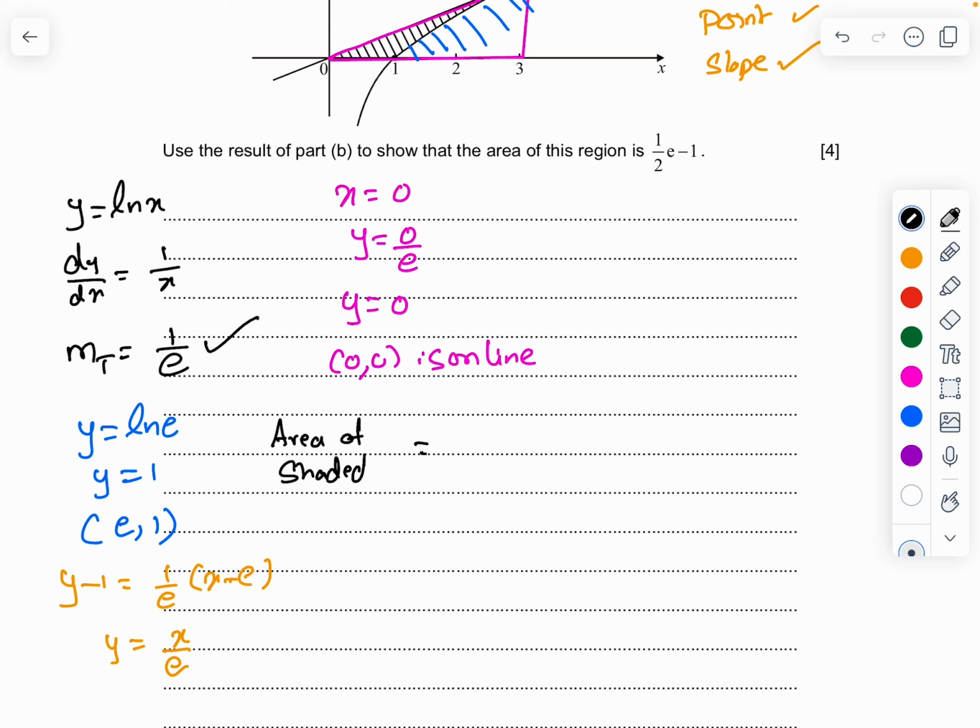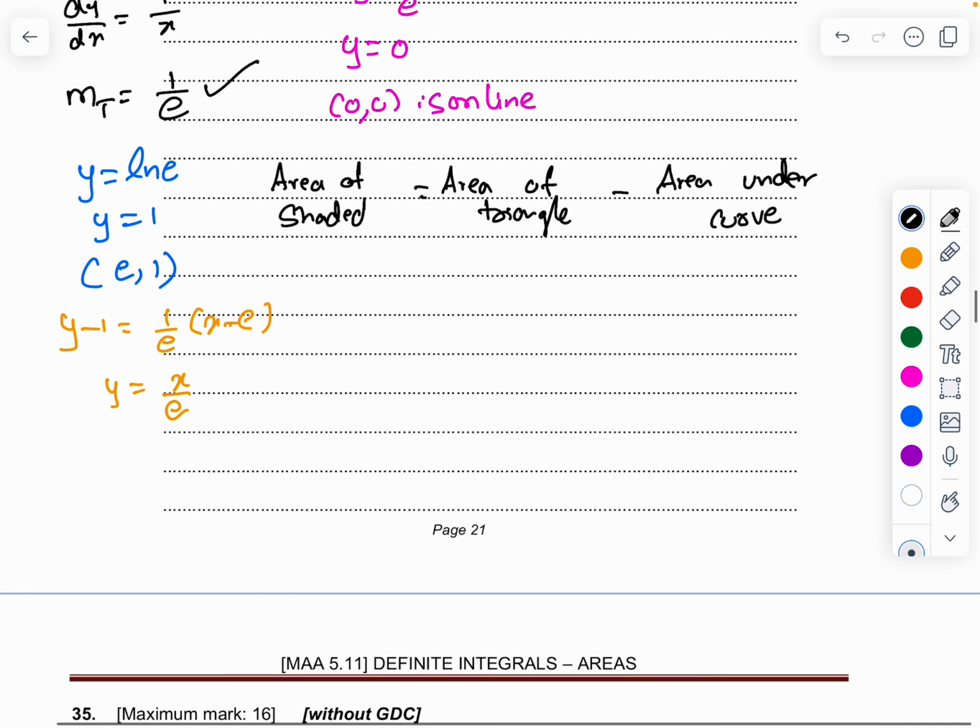So area of the shaded region equals area of triangle minus area under the curve. If we do it like that, you'll be able to get it. Area of a triangle is half times base times height, minus the integral from 1 to e of y dx, which is ln x dx.